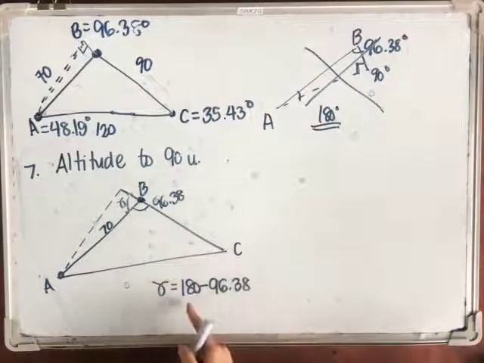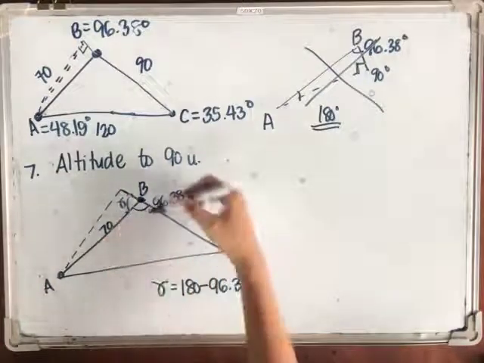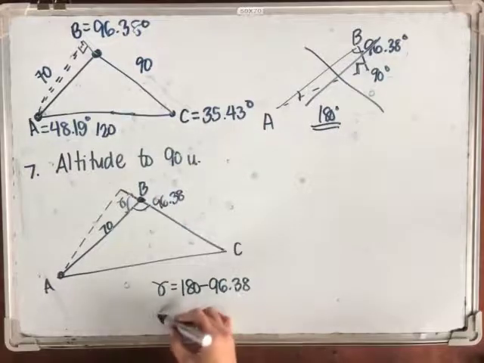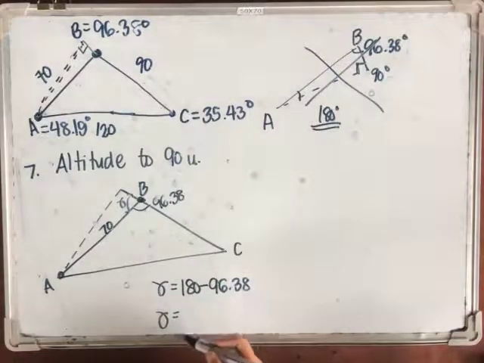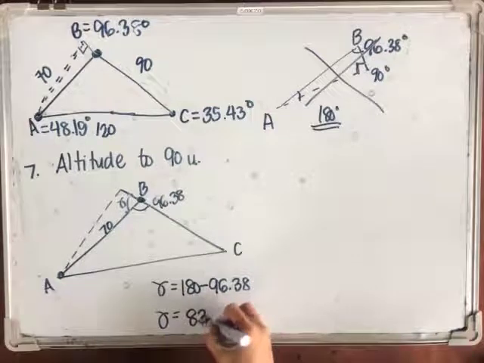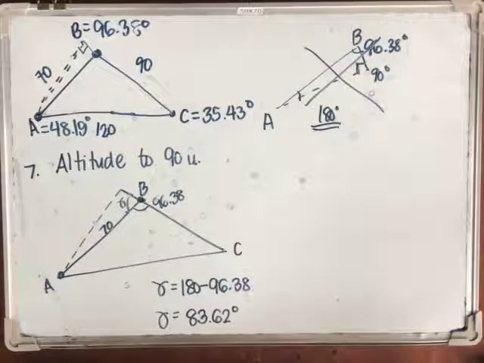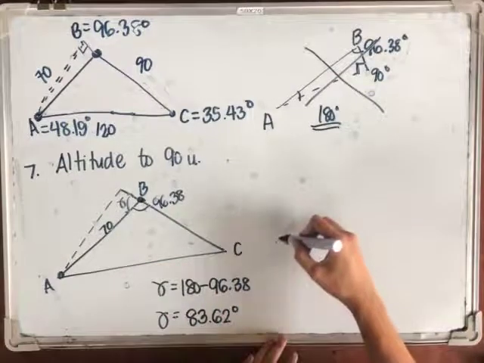The 180 comes from the supplementary property of the two angles, which form a straight line, 180 degrees. So angle gamma would be equal to 180 minus 96.38, which gives us 83.62 degrees.